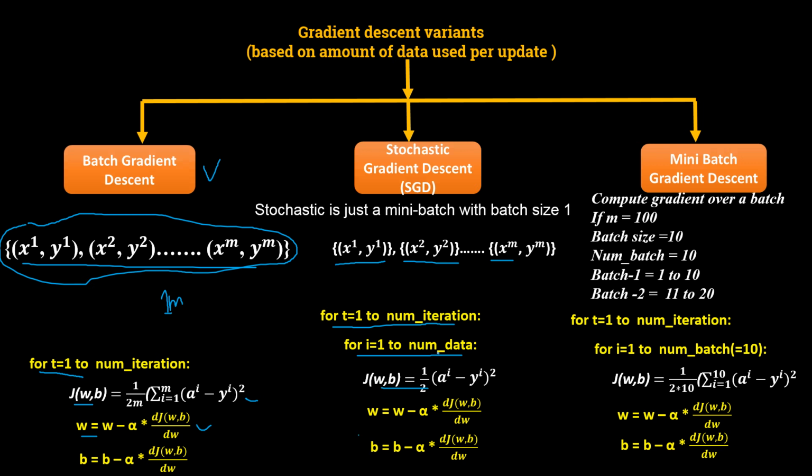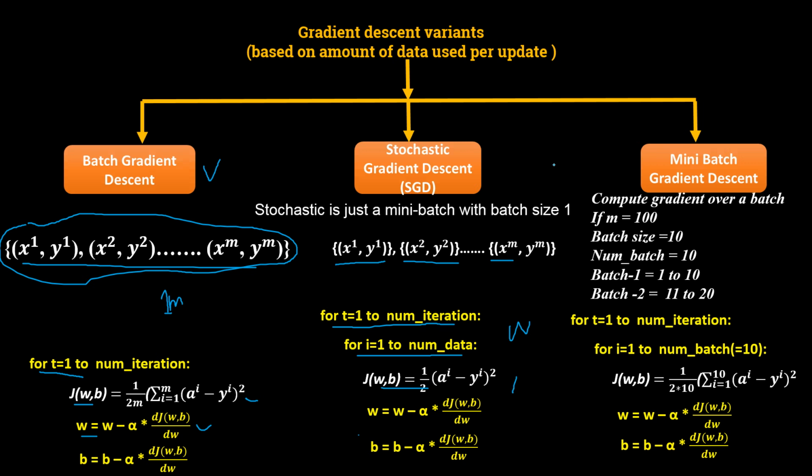In this case, the update of the W value will happen very quickly because we do it after every example. You are not waiting for the whole data set. However, there will be a lot of variance in the weight updates because the error we are computing is based on just one example, and it will vary from example to example. In the previous case, we were taking the average error, so that was smoother and a better value of error than here.